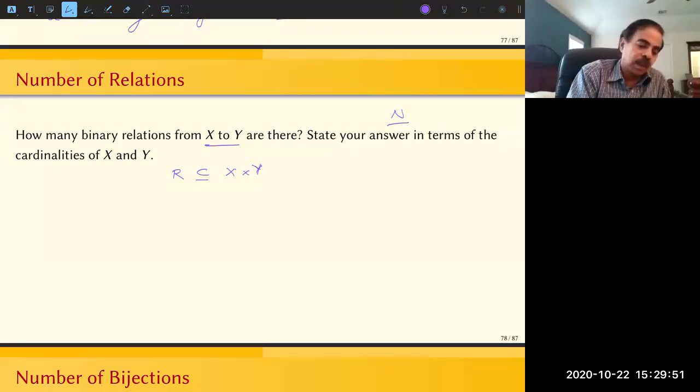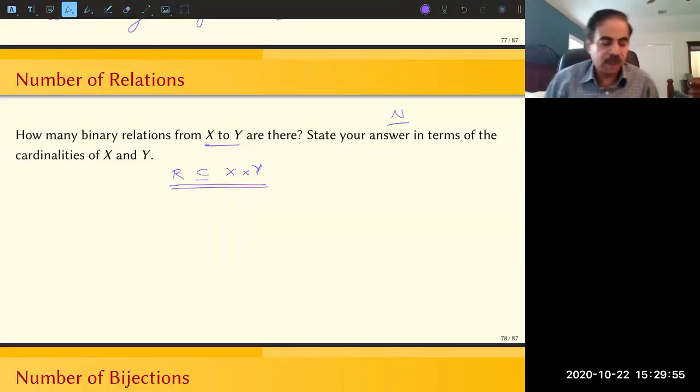Okay. So we need to be sure that every subset defines a separate relation, which is pretty obvious. Therefore, if every subset of X cross Y is a relation, the number of distinct relations should be the size of the power set of this, right?